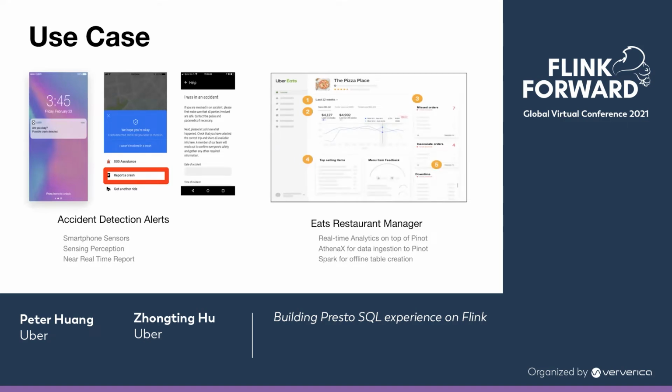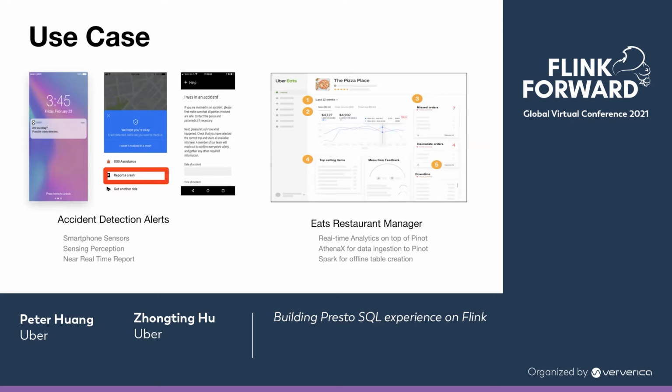The first one is the accident detection alerts. I think this is an important feature in Uber's app. If an accident happens, our backend system will analyze it and report to the user, providing them an alternative ride or asking them to give more information for insurance purposes. Basically, the sensor data in the smartphone will be checked by Uber for analysis.